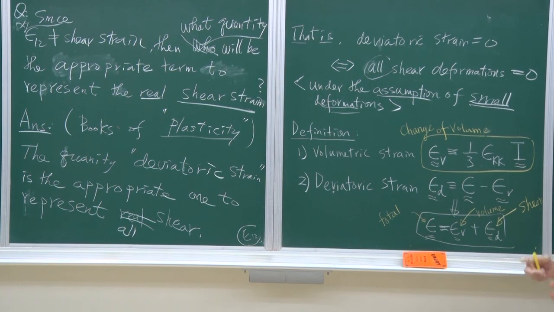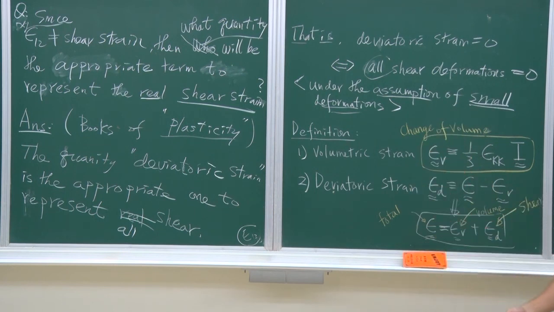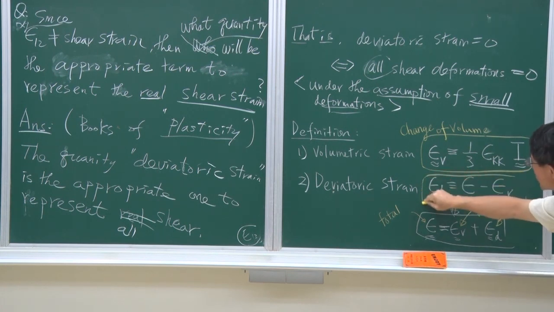You know, when the material becomes bigger and bigger, then volume is changed. So this term is not equal 0 when the volume changes. If there's no volume change, then it is equal 0. The deviatoric strain represents the change of shape.